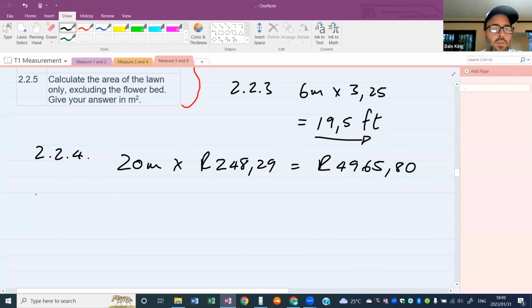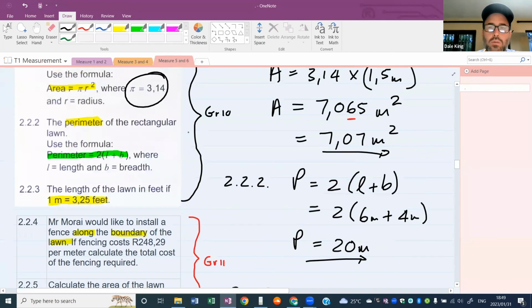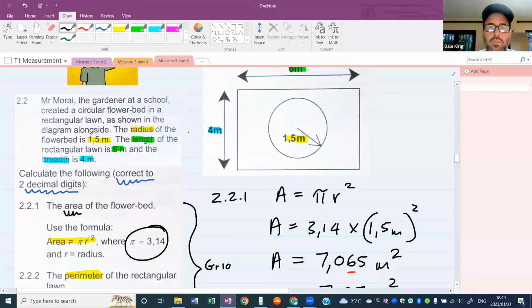All right, good stuff. Last question, 2.2.5. Calculate the area of the lawn only. Exclude the flower bed. Give your answers in meters squared. Now, the area of the lawn is the rectangle. So what are they actually asking for here?